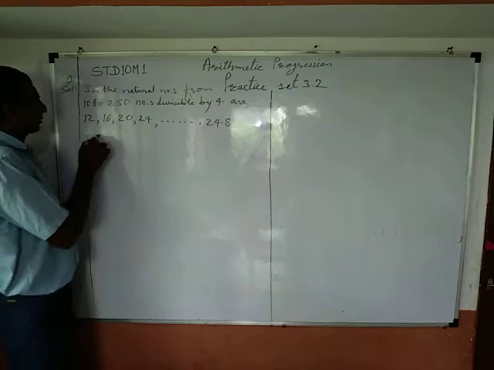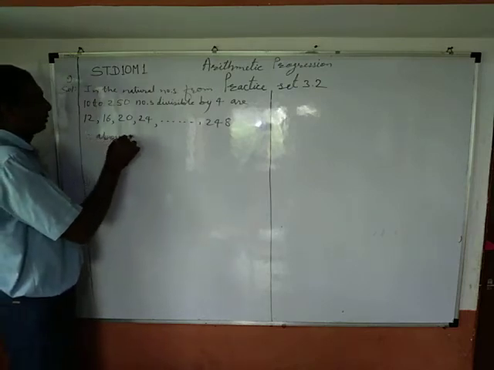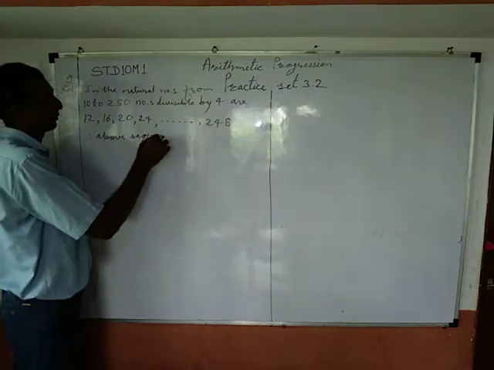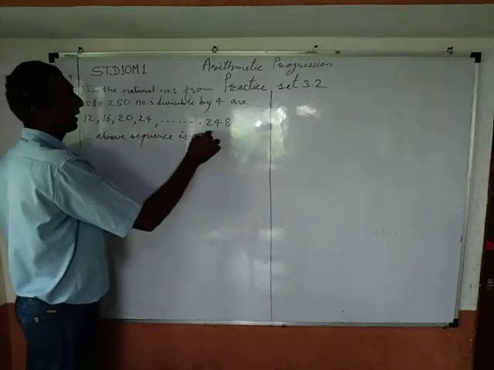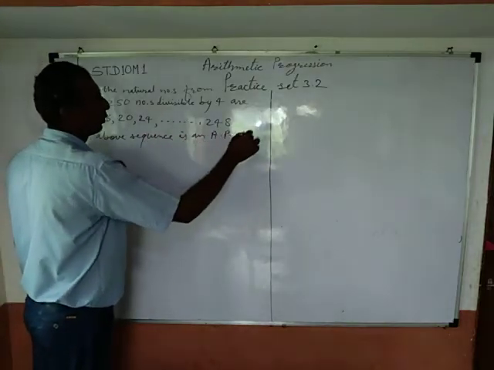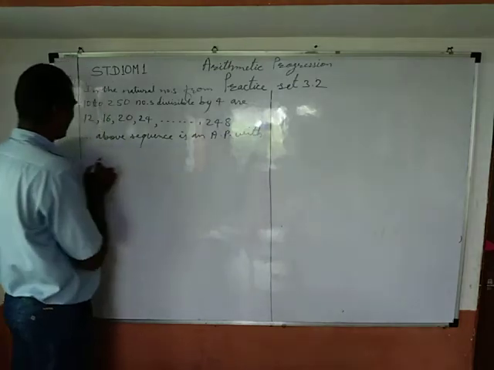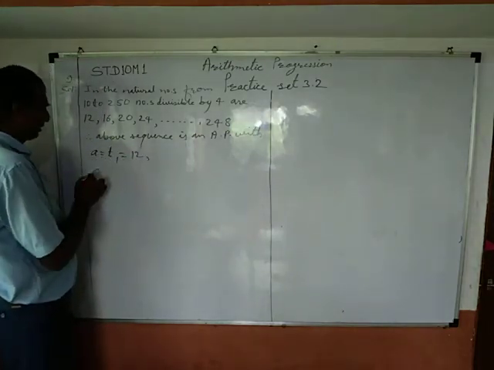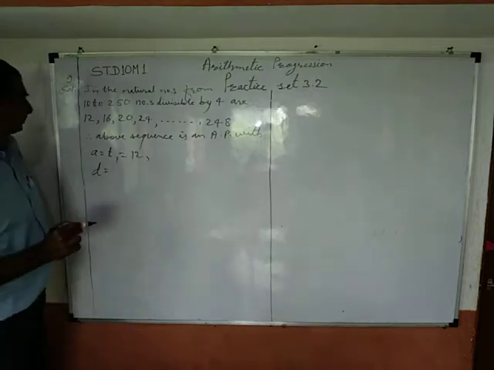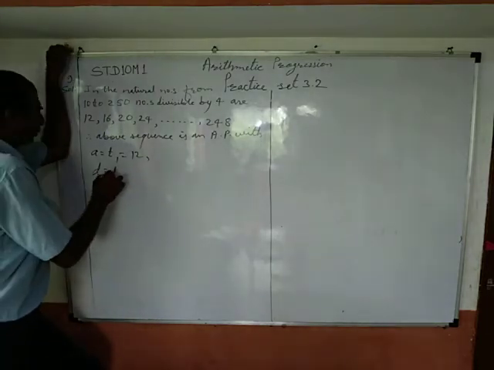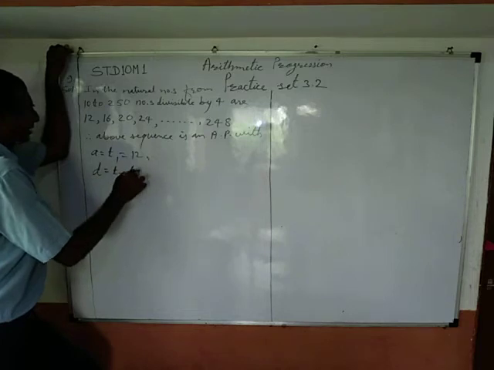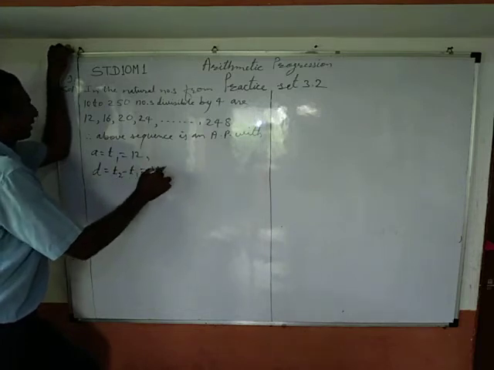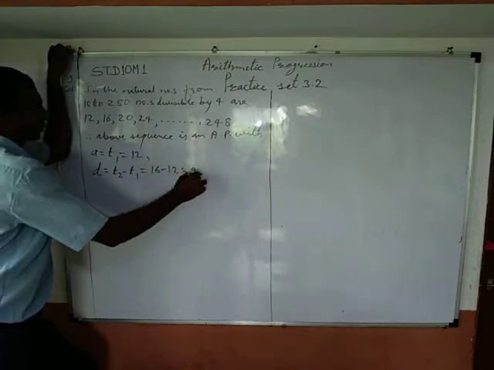The above sequence is an AP with first term a equals T1 equals 12, d equals T2 minus T1 equals 16 minus 12 equals 4.